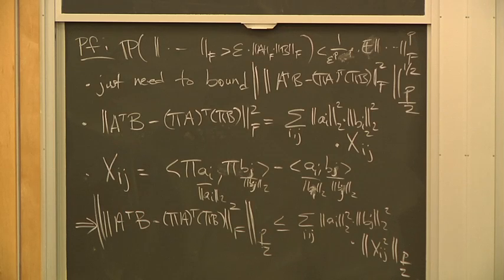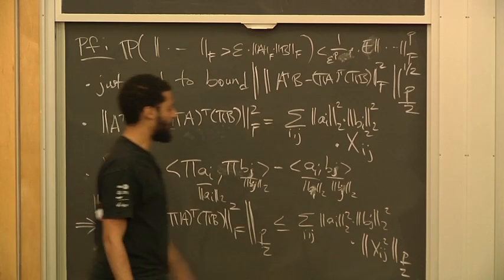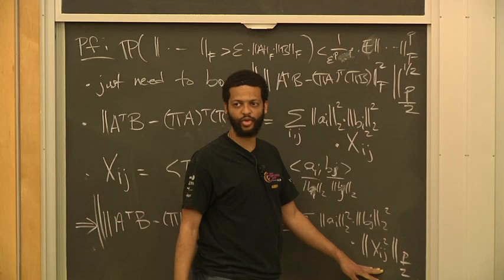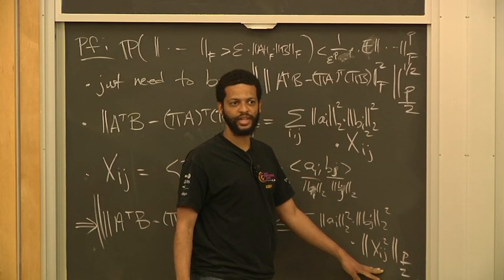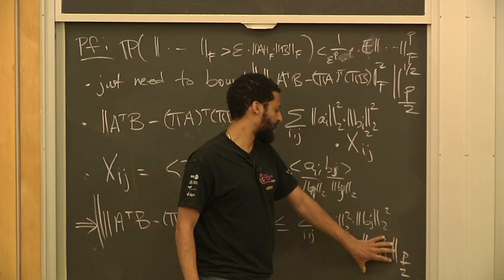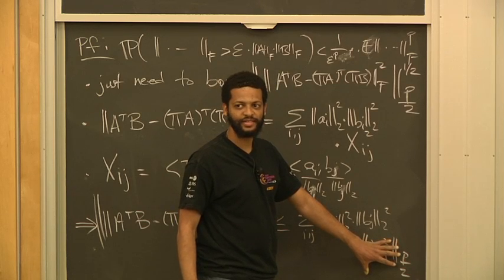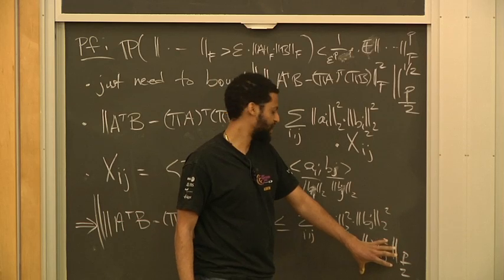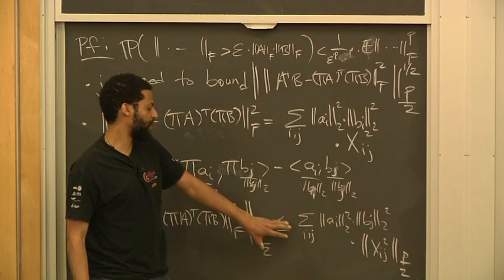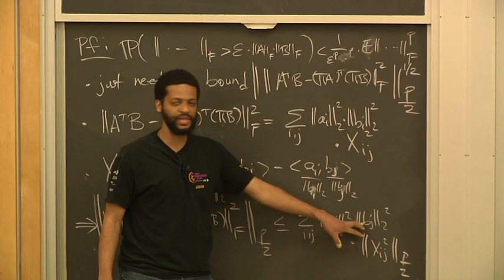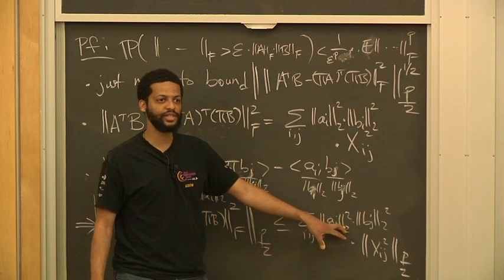This is just triangle inequality. And we're going to prove a bound on the norm of this guy, which is the same for all ij. So we can pull this out, and we're left with the sum over ij of ai squared bj squared. But what's that?